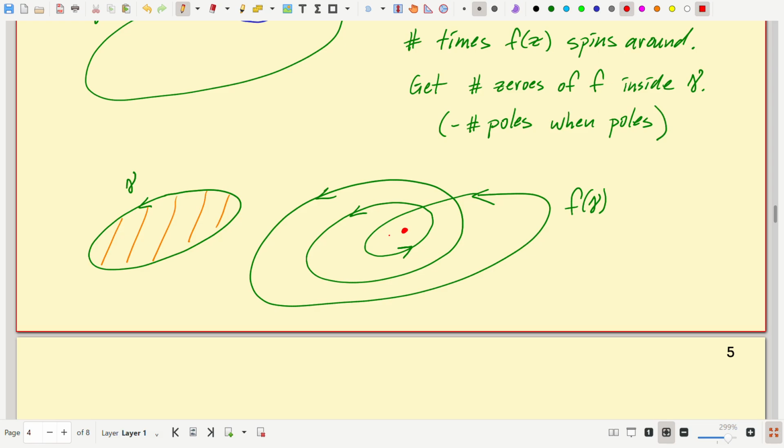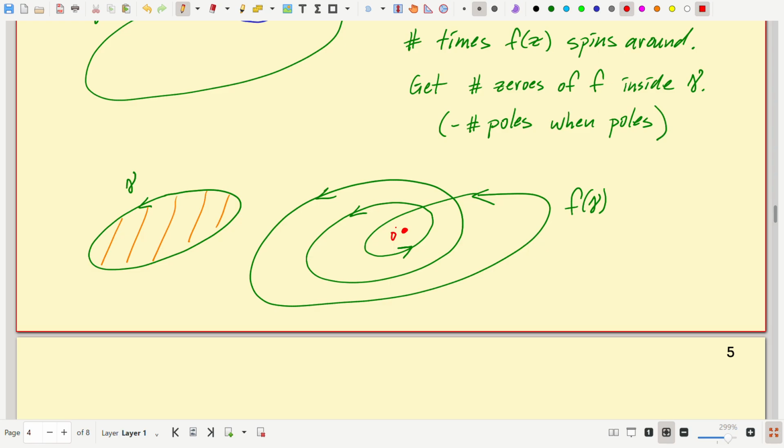f is never zero on the curve, so the zero here is not on f of gamma. And if I were to look at my f of z, that would be like this thing centered at 0.